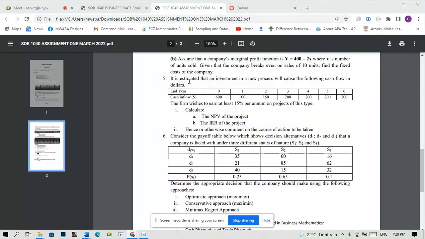It is estimated that an investment in a new process will cause the following cash flow in dollars. Here we have our end years. Year zero is the beginning of year one. We're going to invest $600. Then at the end of year one, our expected cash flow is $100.